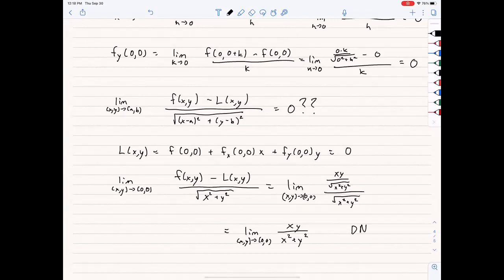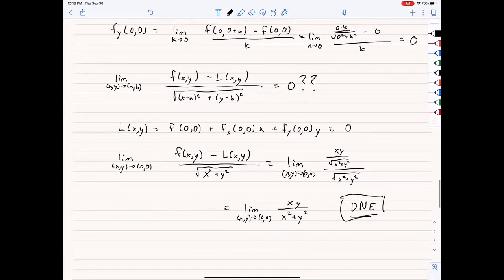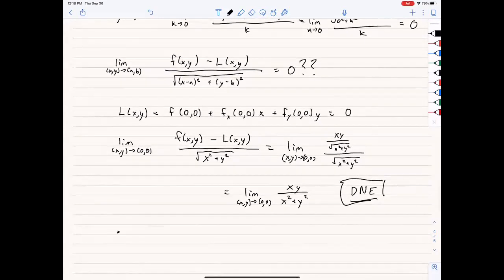It does not exist. So it's certainly not equal to 0. So what's going on, guys? Well, what's going on is we can say therefore, which is written this way. Everyone knows that? It means therefore. Therefore, f is not differentiable.